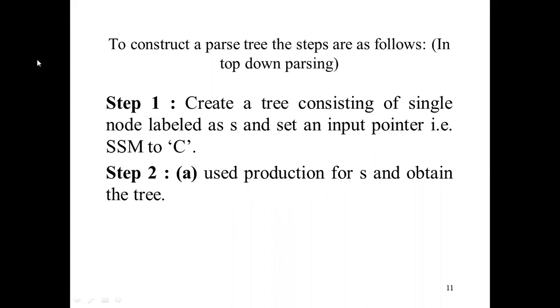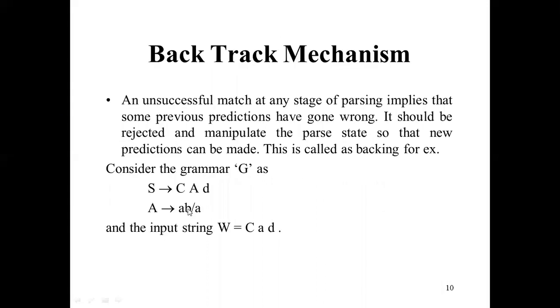In the second case we have to choose the option A, B and then A, because we have already seen that we have two options. First we check with AB, then again we backtrack and use this option.